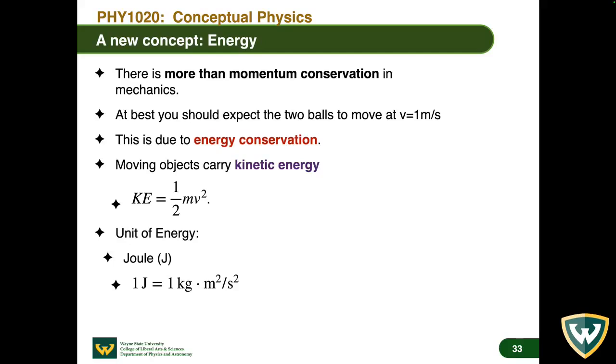The joule is named after a physicist who studied the conservation of energy. 1 joule, 1 J, is equal to 1 kilogram times square meter divided by square second.